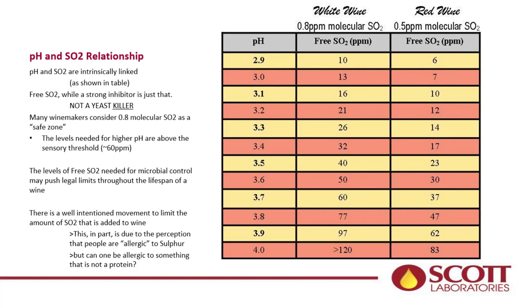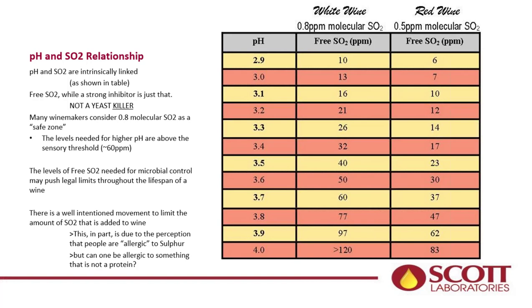So instead of looking at the pH and making adjustments based on that, a lot of people are just making prophylactic adds, like, oh yeah, I add 30 parts before I go to barrel, or I want to make sure it's 35 before I go to bottle. And while that may be a decent method, you really need to look at your pH.